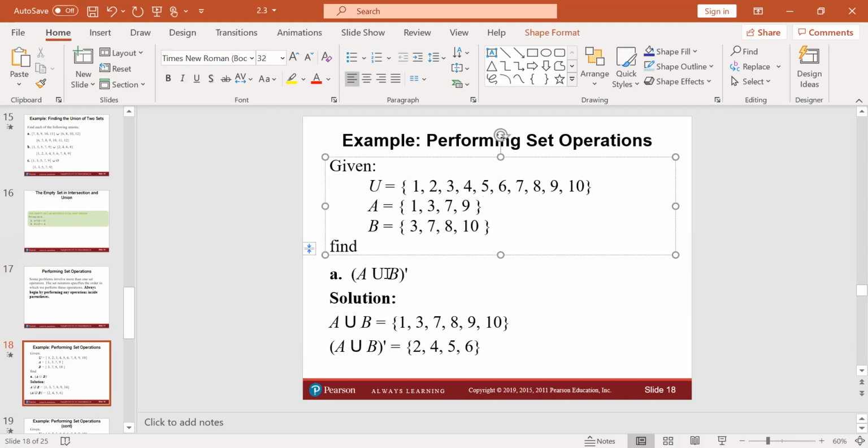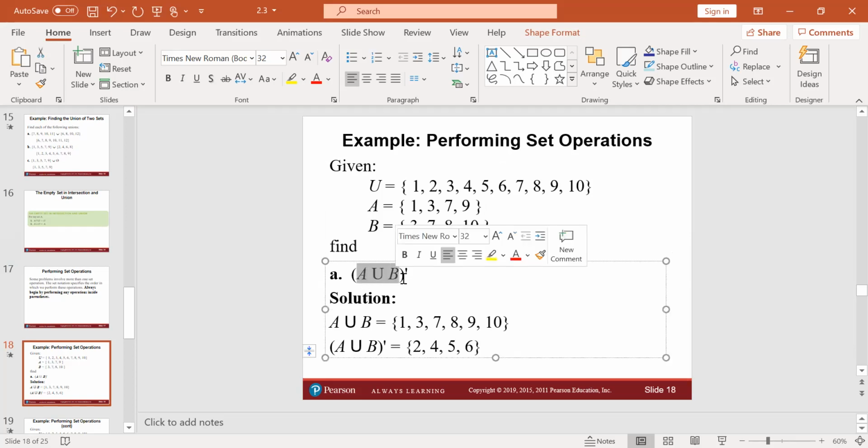If you wanted to find the complement of A union B, A union B is in parentheses, so it goes first. Then you take the complement of that. So for A union B, I collect all the elements that are found in A or B. I don't need any repeats. So it's going to be 1, 3. 3's in both, but that's okay.